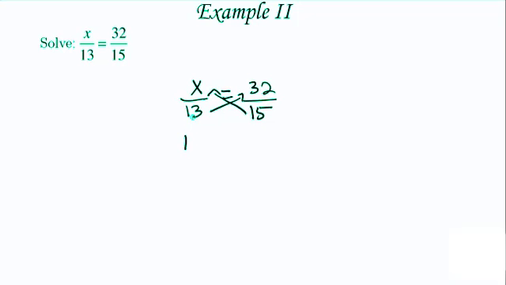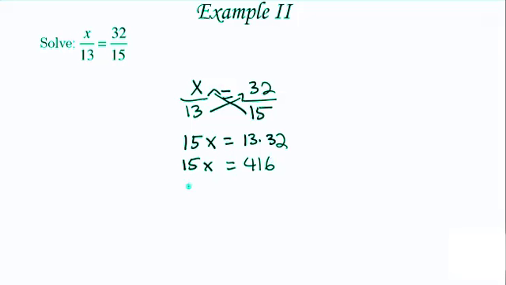If I multiply this out, I'm going to end up with 15x equals 13 times 32. So 15x equals 416. Once I've found the cross products, I go on and just handle this as a regular equation where I isolate the variable.